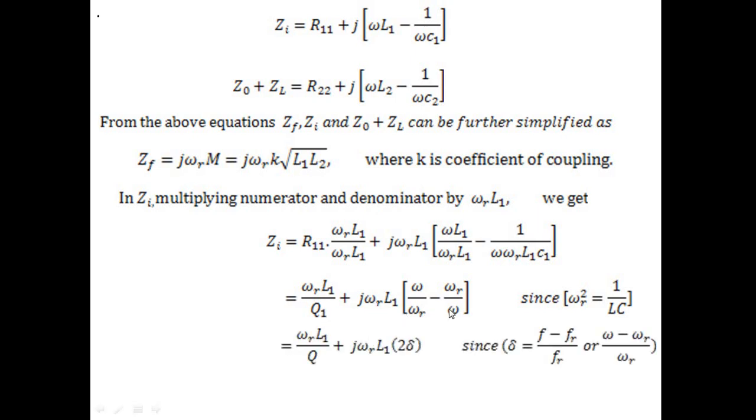Now you further simplify this. You know the formula, omega R equal to 1 by 2 pi root LC. From this, omega R square equal to 1 by LC, and we have already discussed this frequency deviation.